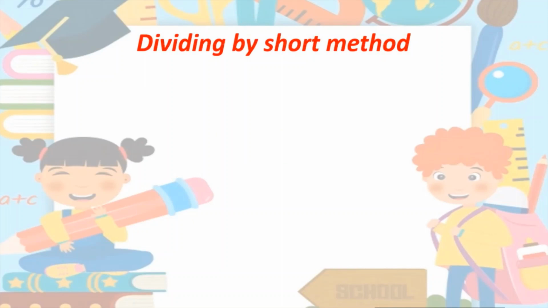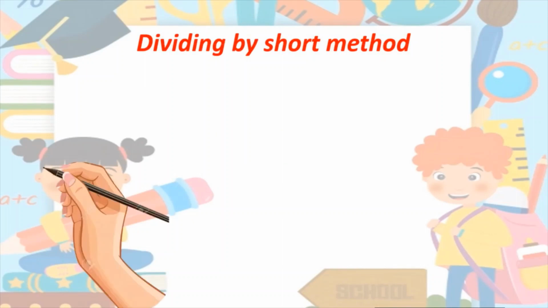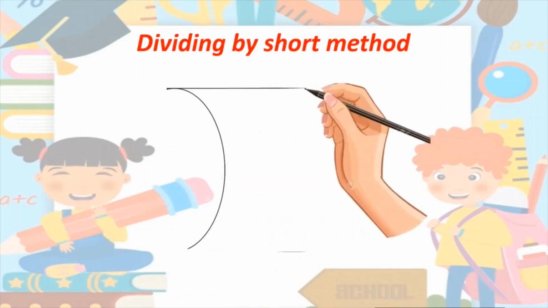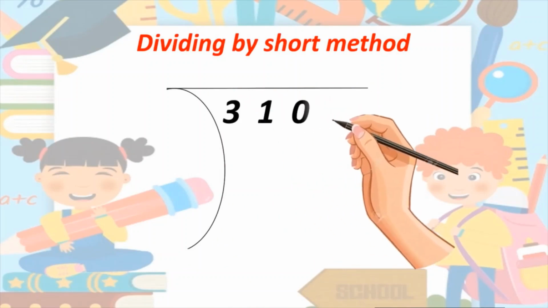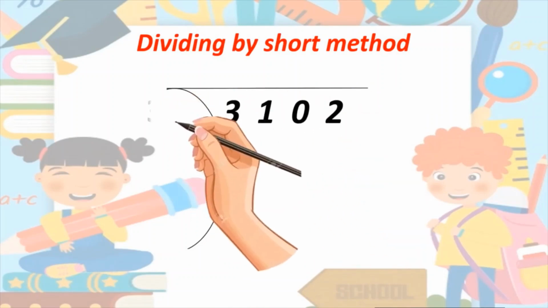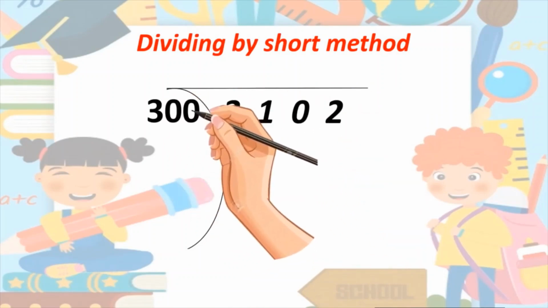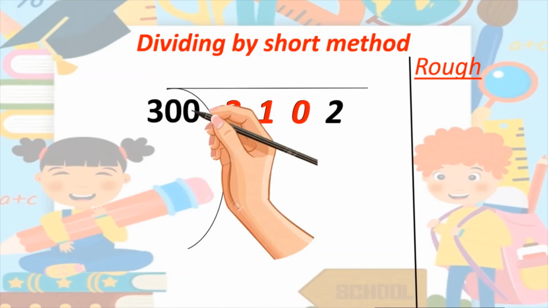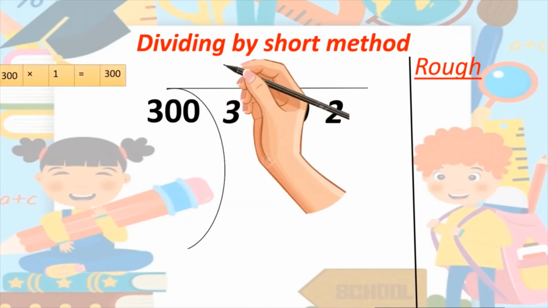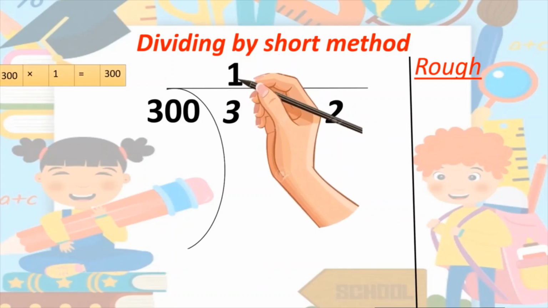102. Now let us do the same sum in short method. So as we know, 300 is a 3-digit number and the dividend is 3102. So we consider the first 3 digits together. 300 ones are 300. So we write 1.